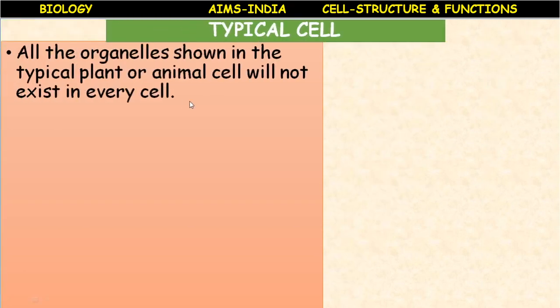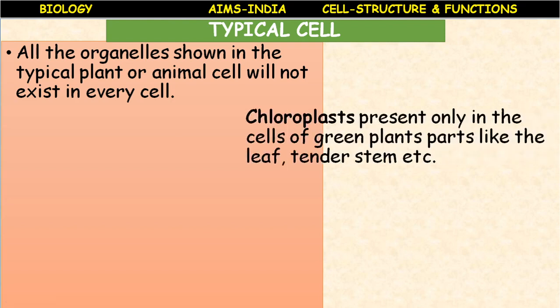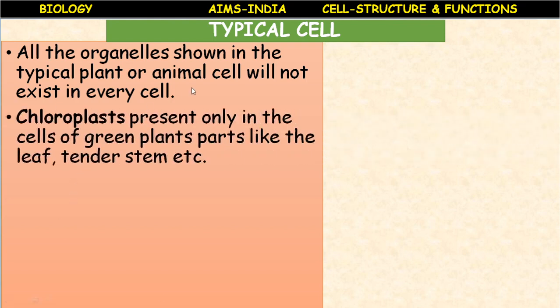All the organelles shown in the typical plant or animal cell will not exist in every cell. Whatever organelles are present in a plant cell or animal cell, they are not present in all the cells. For example, chloroplast is present only in the cells of green plants and parts like the leaf and tender stem.